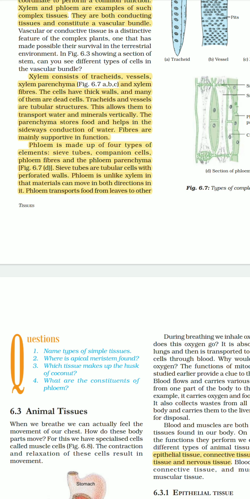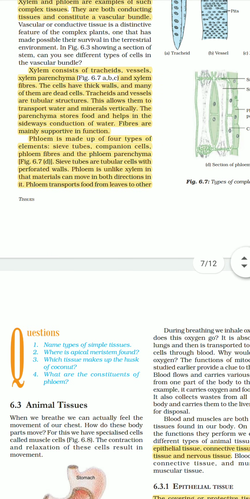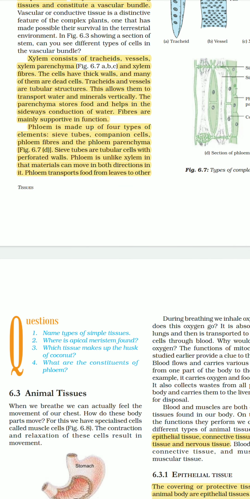In the leaves. So from the leaves it transports food to all the parts of the plant, and this is also called translocation of food. Translocation of food means transport of food from leaves to other parts of the plant with the help of phloem.